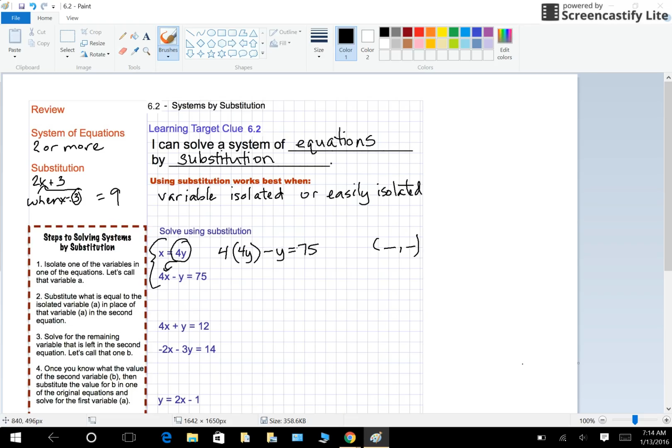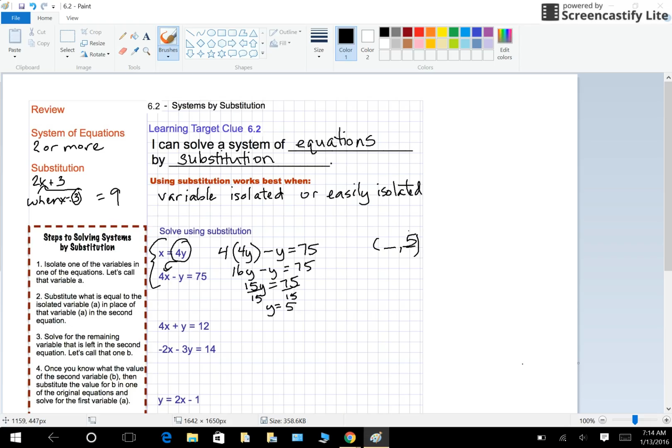Now I just have to simplify and then solve for y. 4 times y is 16y minus y equals 75. 16y minus y is 15y. Remember that we're just combining like terms because they're on the same side of the equal sign. 15y equals 75. Now I just solve for y by dividing by 15, and I get y equals 5. So now I know that the y value of my common point is 5.